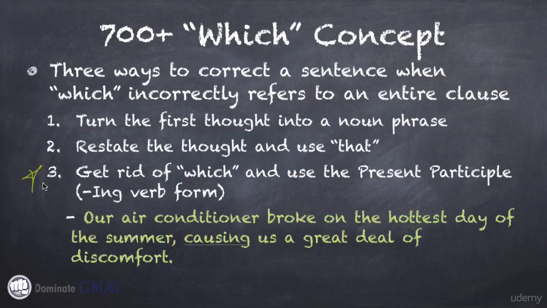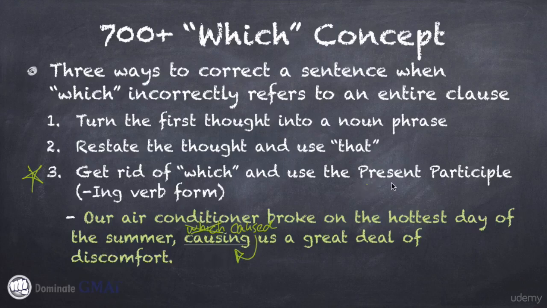So here we are again with our example, and look how we rectify the sentence in this case. Our air conditioner broke on the hottest day of the summer, and it used to read, which caused us a great deal of discomfort. We know that's not allowed, so we'll get rid of the word which, and what we do is we change the verb to the present participle, the ing verb form, causing us a great deal of discomfort, and that's very clean.